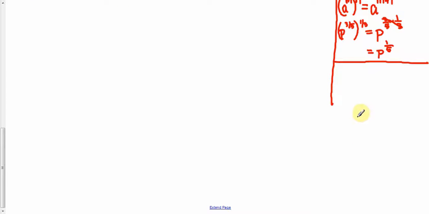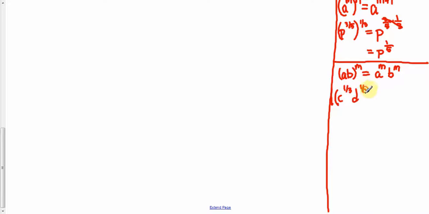If you had a power of a product, so you had a times b all to the nth power, you take each factor and take it to the nth power. So it'll be a to the n times b to the n. Your example is if you have c to the 1/3, d to the 1/2, all to the 6th.